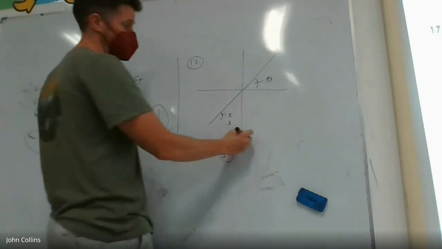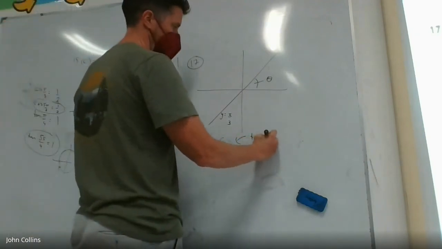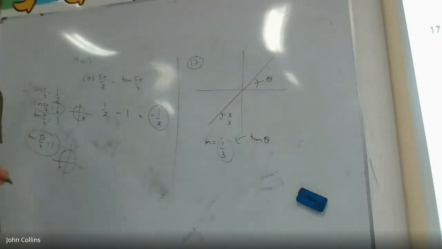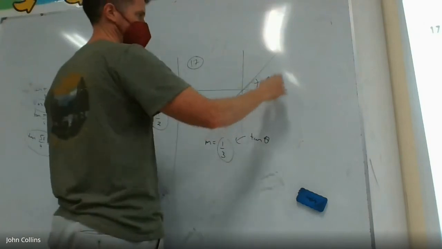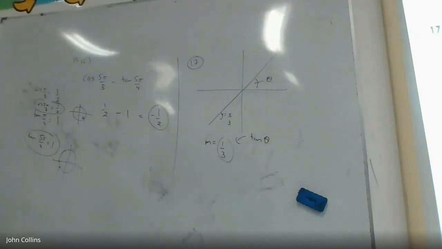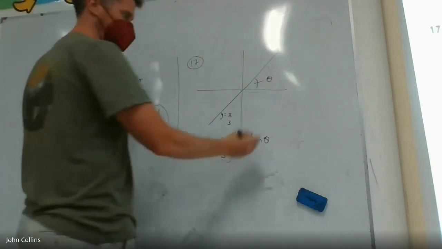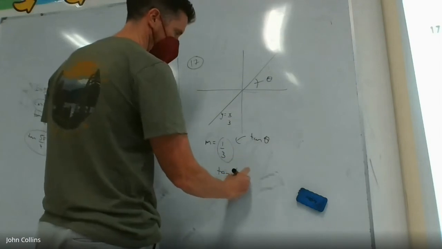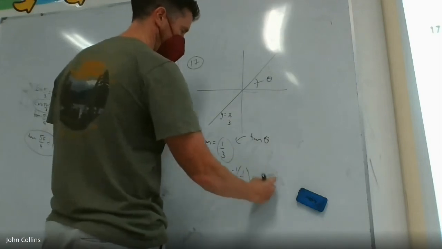So the tan of theta is 1/3, because I know it's opposite over adjacent, rise over run. So I just have to use my calculator for that one. You can't get that without a calculator. It's not a known angle. There's like a root 3 or 1 or something like that, maybe, but that's not it, so you just do tan inverse 1/3, and that will give you a theta.